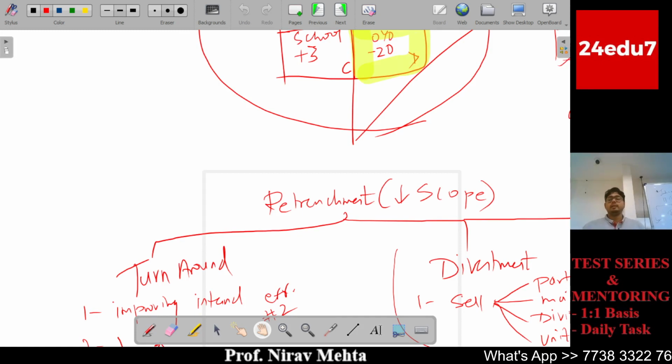Done. Reasons for divestment. First point is common: persistent negative cash flow, a common point which is also there in turnaround. A, B, C, D. Is it matching? Mismatch. Acquired business mismatch.